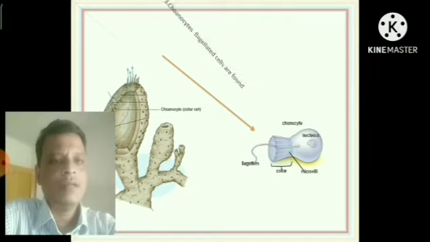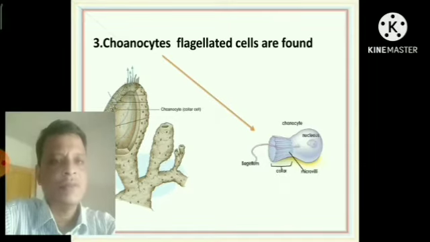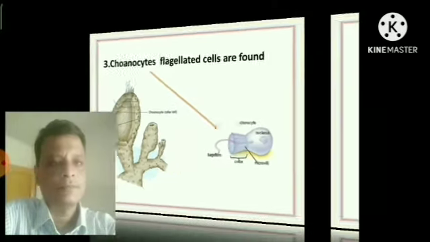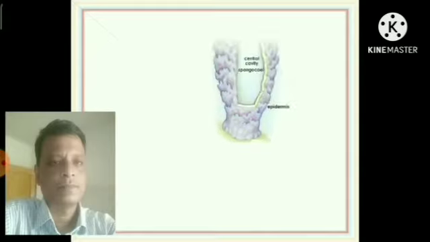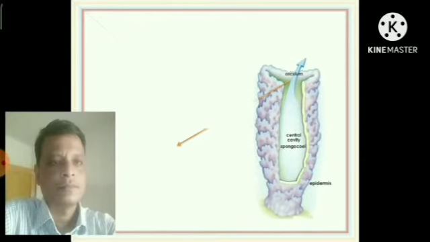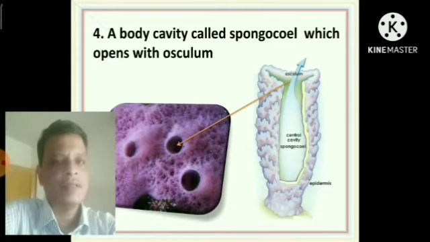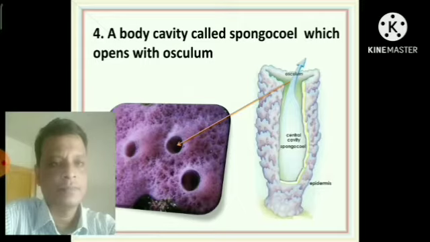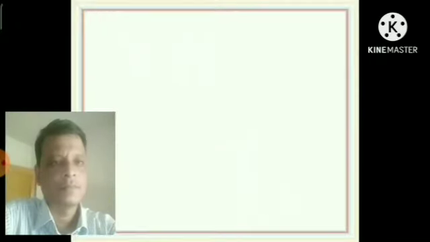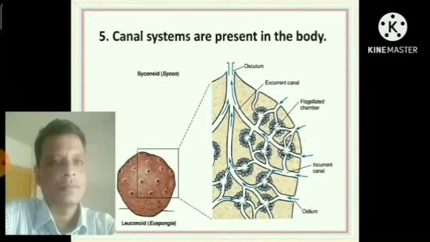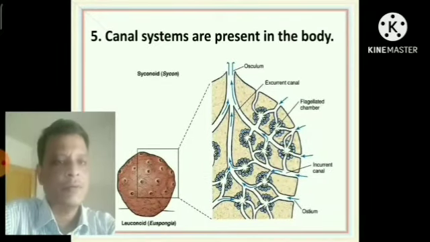Now, another very important characteristic feature of the phylum Porifera is the presence of flagellated cells, which are called choanocytes. Another very important characteristic feature: a body cavity called spongocoel which opens with an osculum. The canal systems are present in the body.